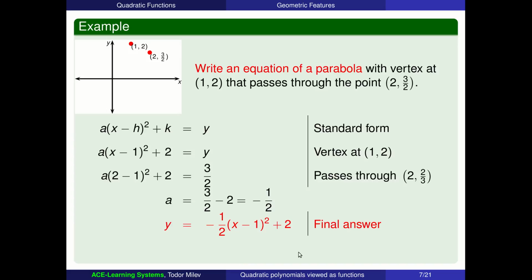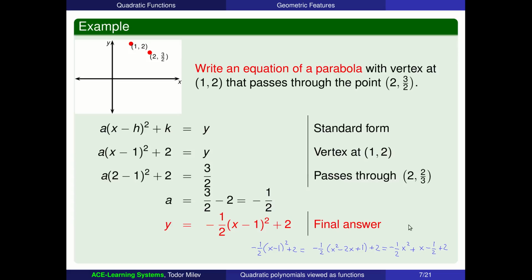So we have negative 1/2 times x minus 1 squared plus 2, and I can simplify that to negative 1/2 times x squared minus 2x plus 1 plus 2, which simplifies further to negative 1/2 x squared plus x minus 1/2 plus 2.